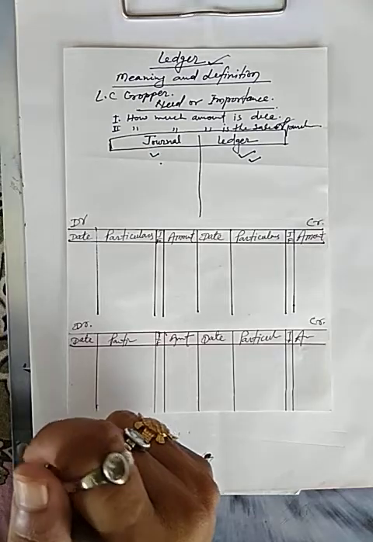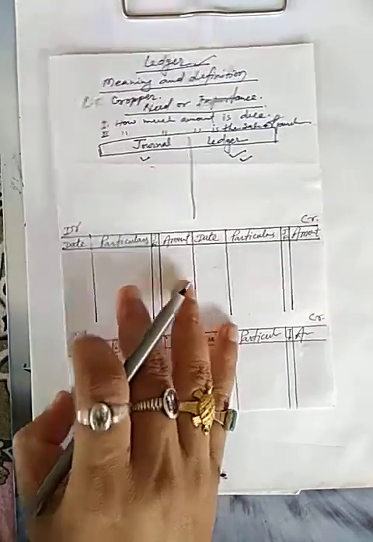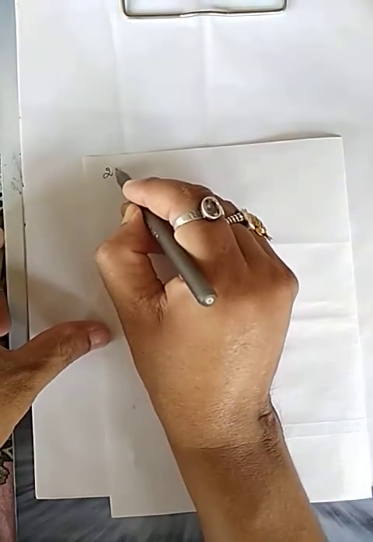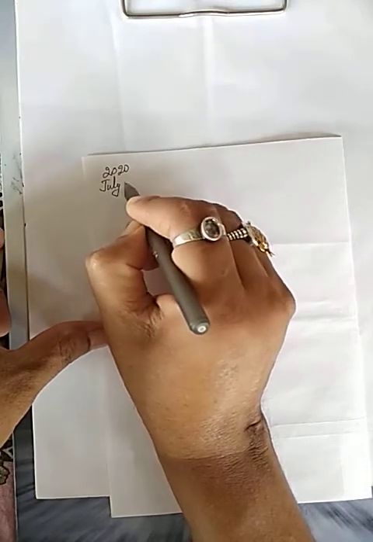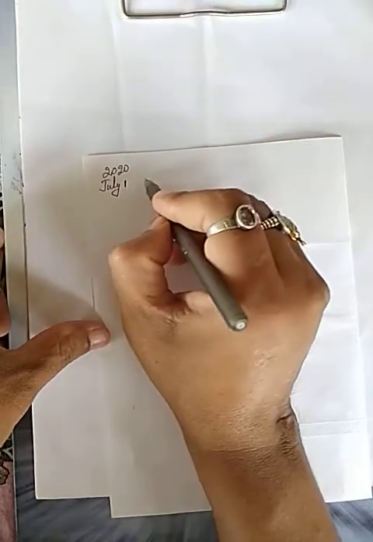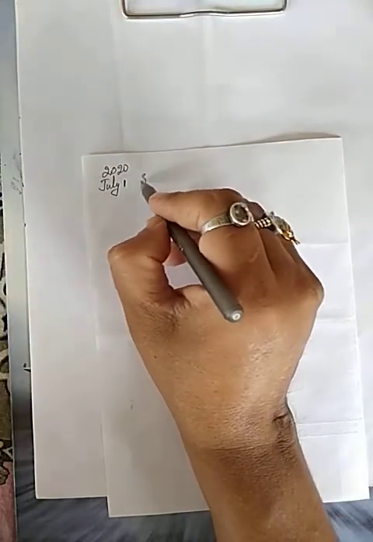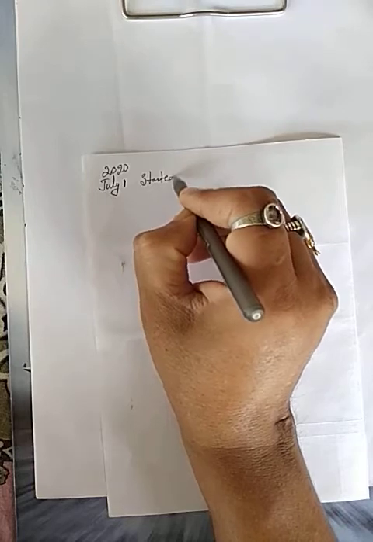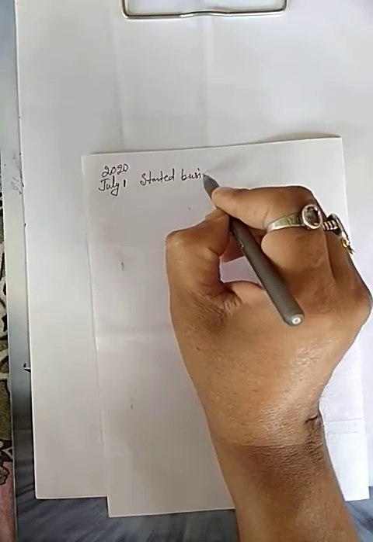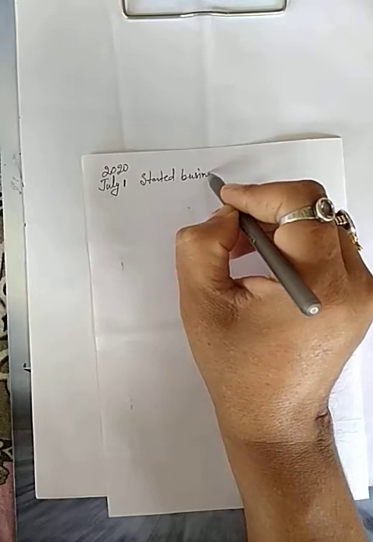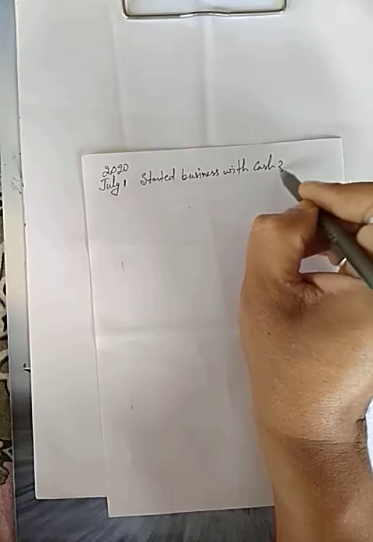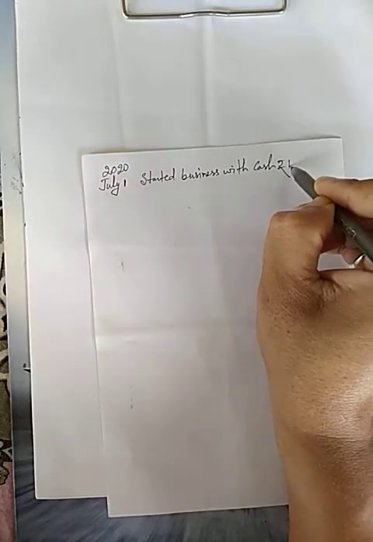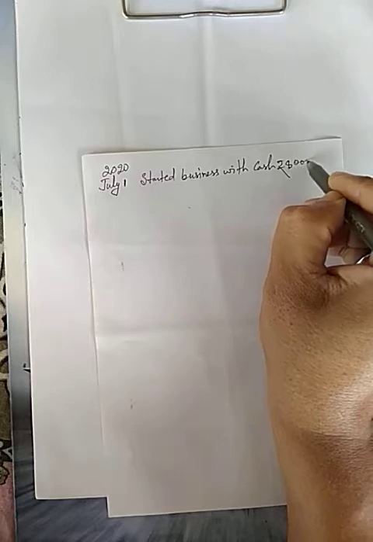Now suppose one transaction on 1st July 2020: started business with cash rupees 8,000.